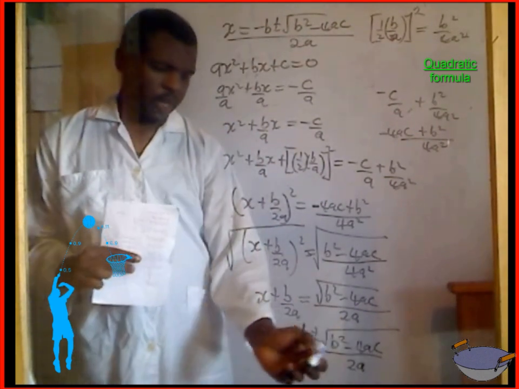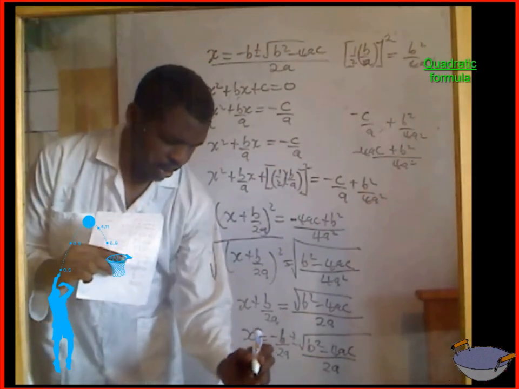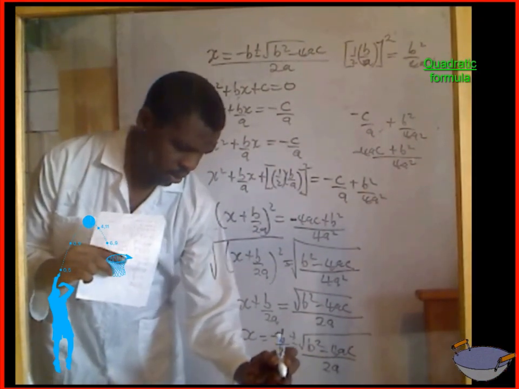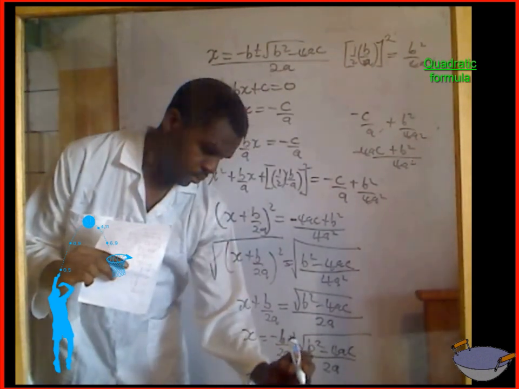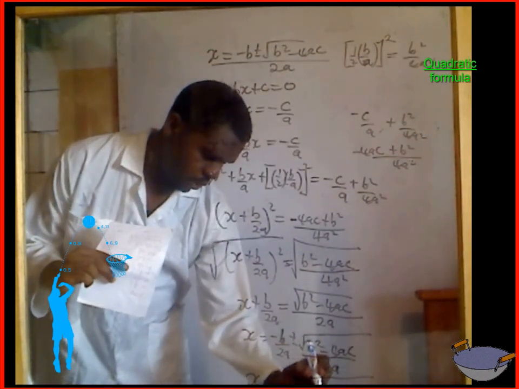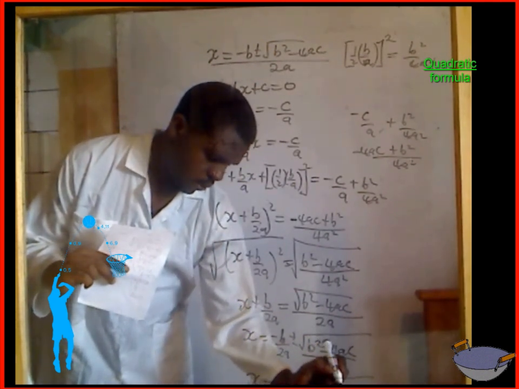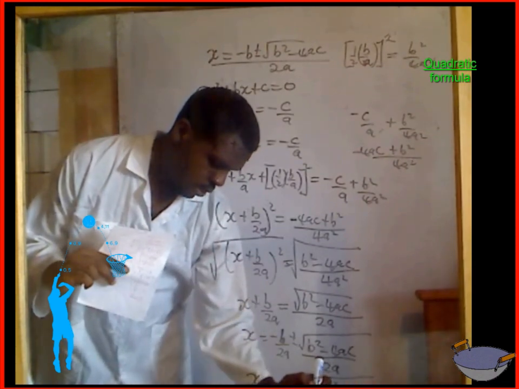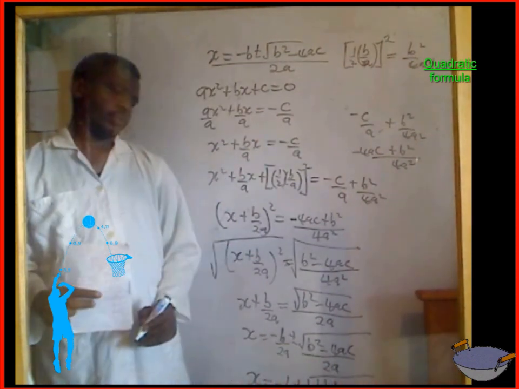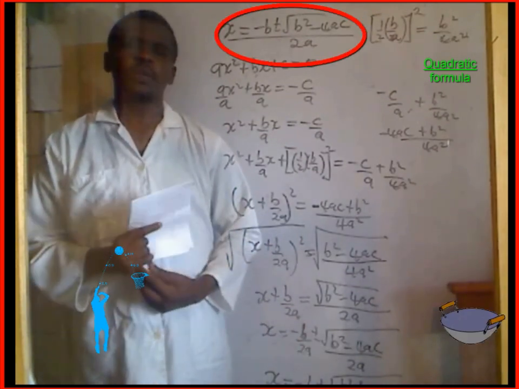So both terms have a common denominator, so I can rewrite this as x is equals to minus b plus or minus the square root of b squared minus 4ac all over 2a. So use this quadratic formula to find the solutions of quadratic equations.